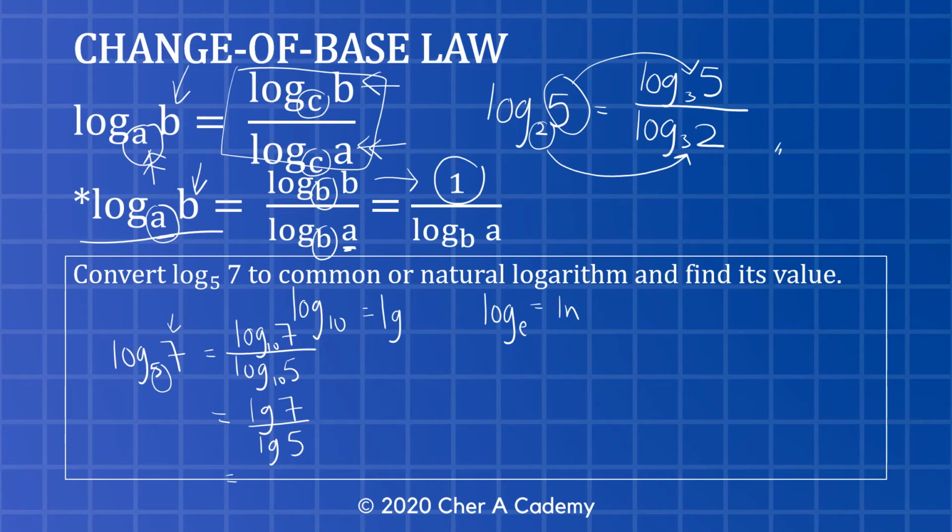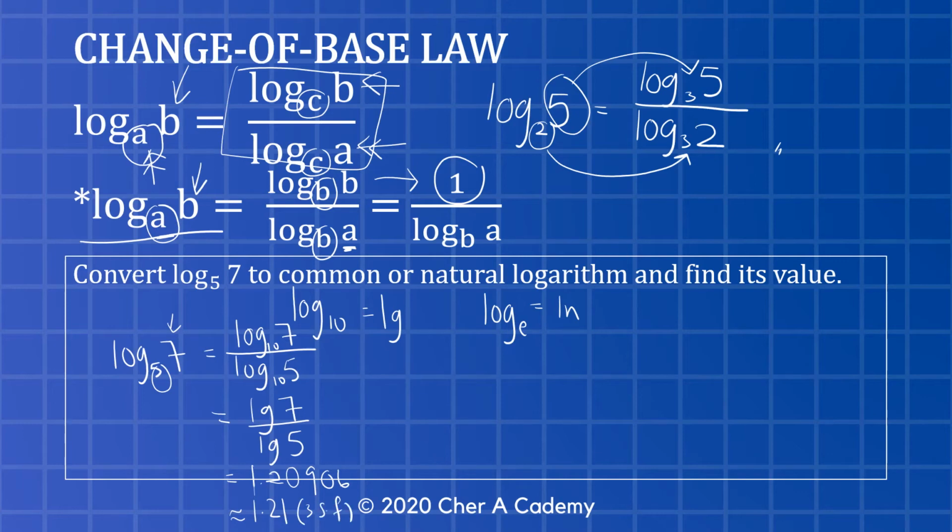If you key it into your calculator, log 7 divided by log 5, I will get 1.20906. Correcting it to 3 significant figures, I'll have 1.21.